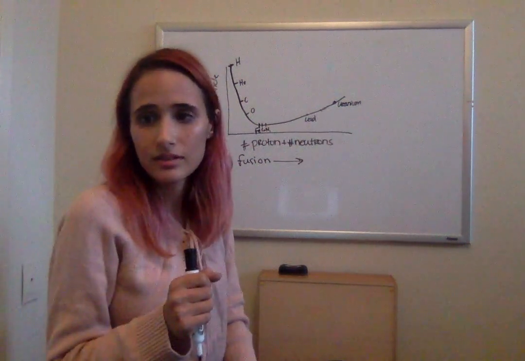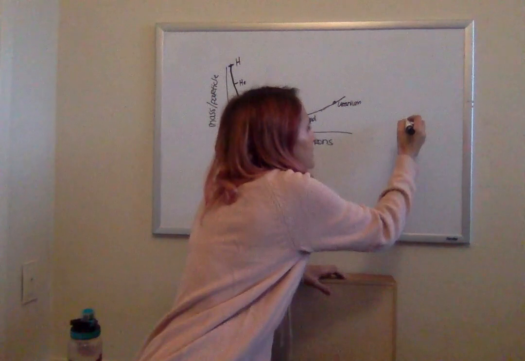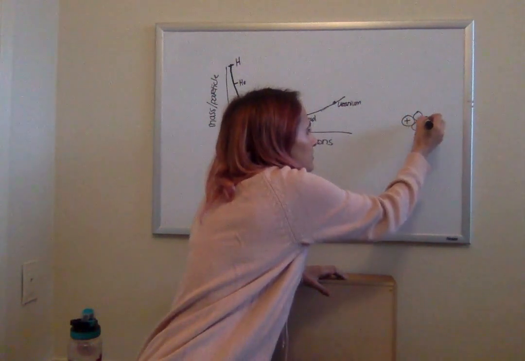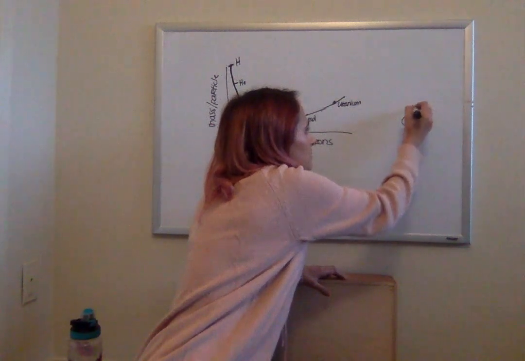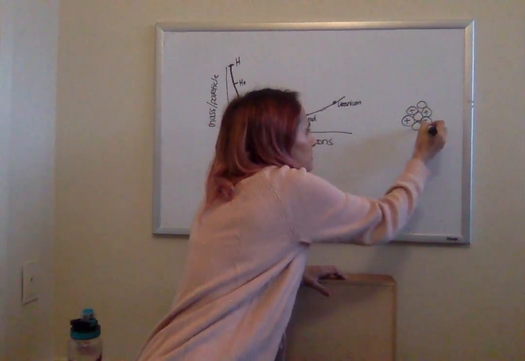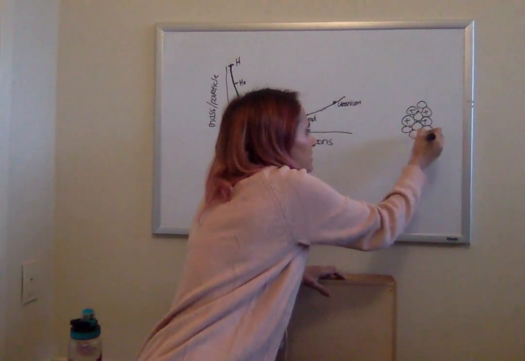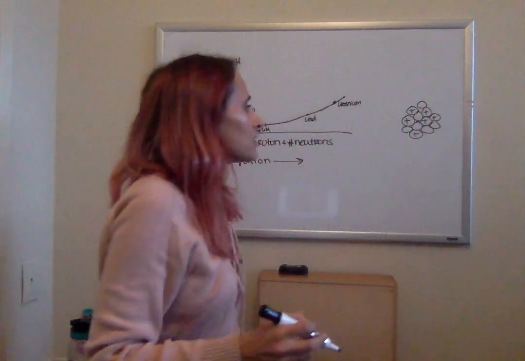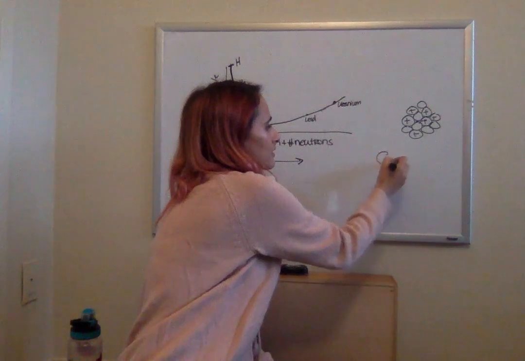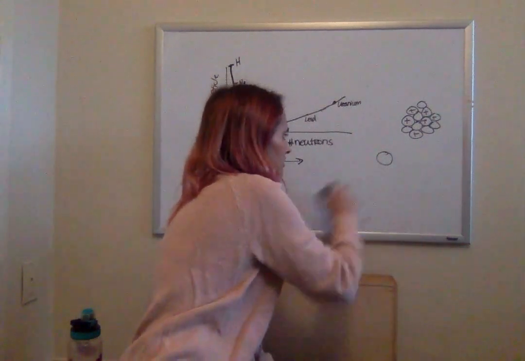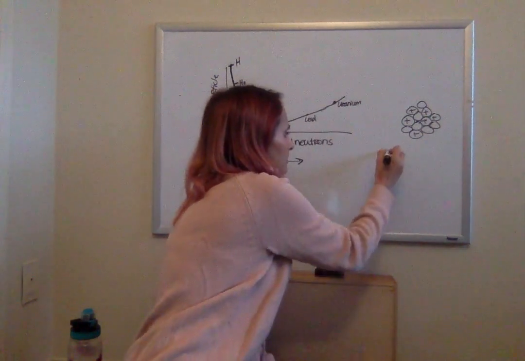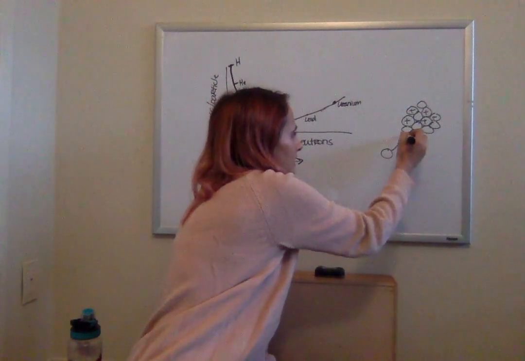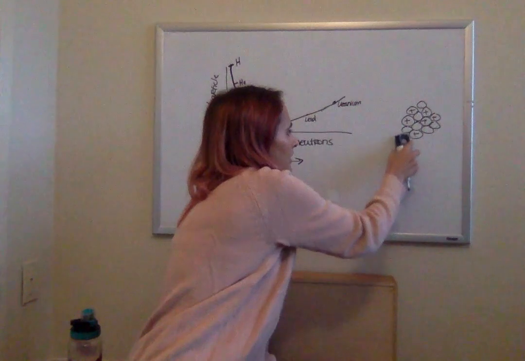So if you have a nucleus with a bunch of protons and neutrons in it, another neutron that has no charge can come in here and join up and add another neutron in here.